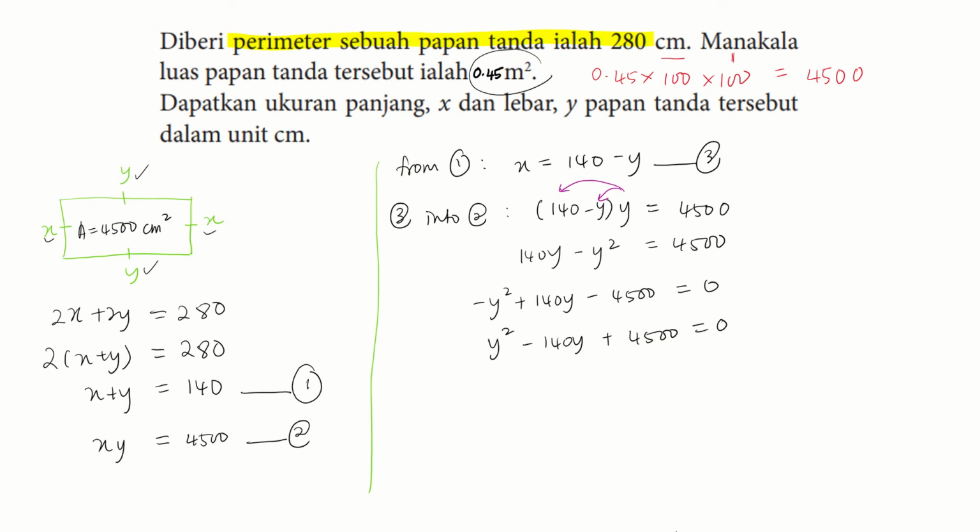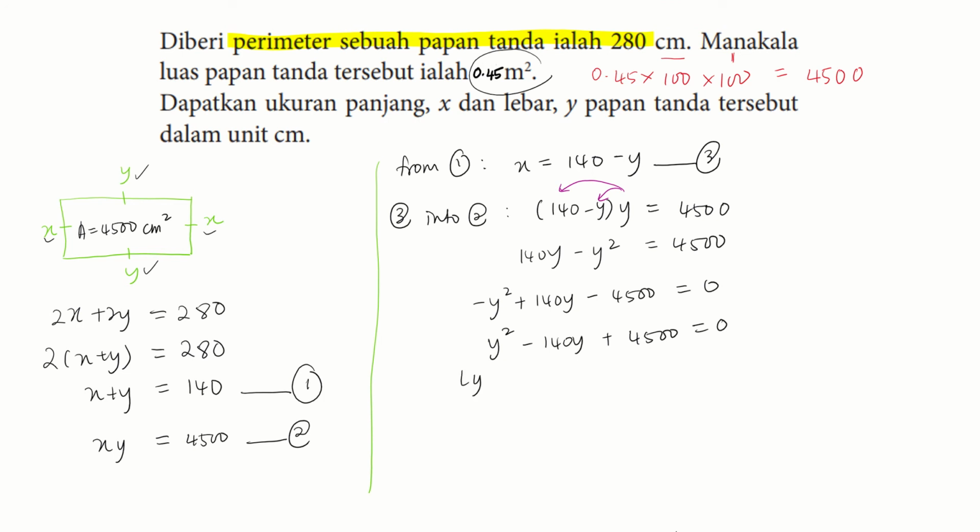Again, you have to use factorization, completing the square, or the quadratic formula in order to solve. By looking at the numbers 140 and 4500, that number 45, I know it comes from 9 multiplied by 5 equals 45, and 9 plus 5 equals 14. So I'm going to choose factorization for my solution process.